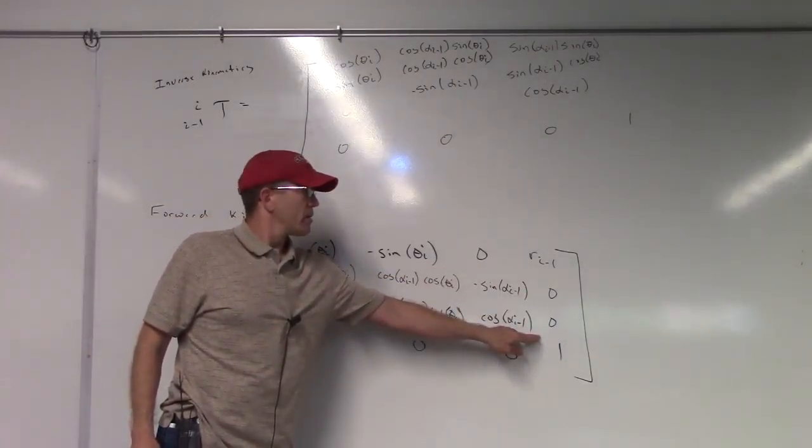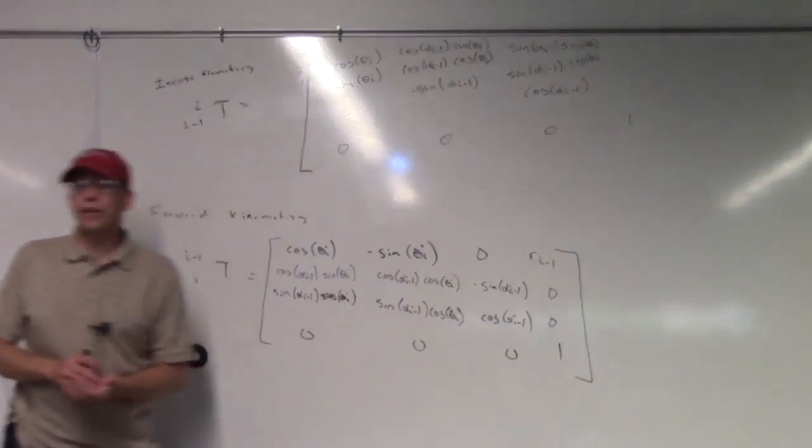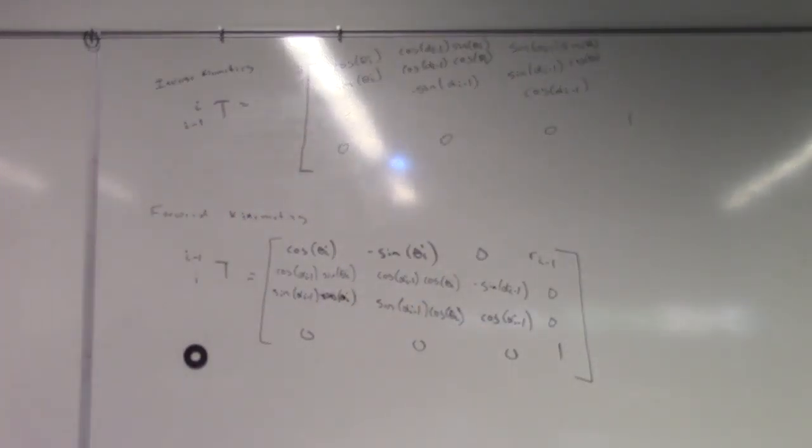And how are we going to determine the translation vector going backwards? We're going to go through and unrotate the frame and then move in the opposite direction.